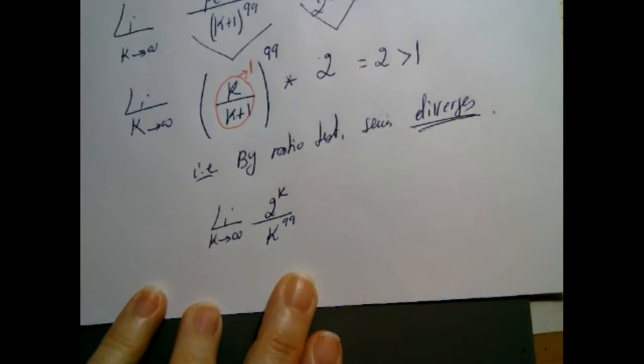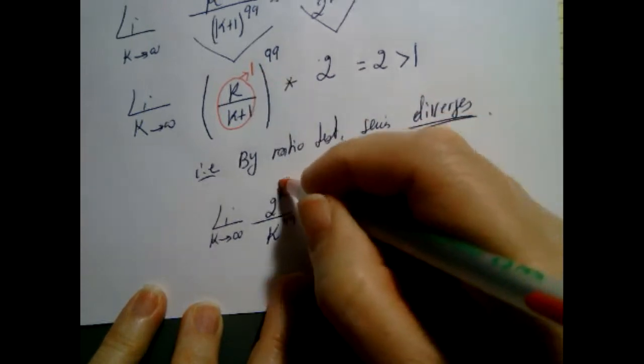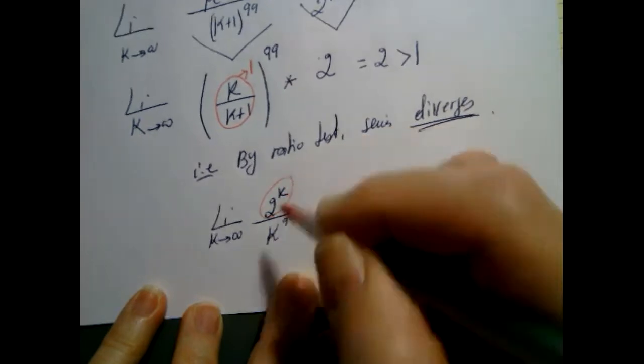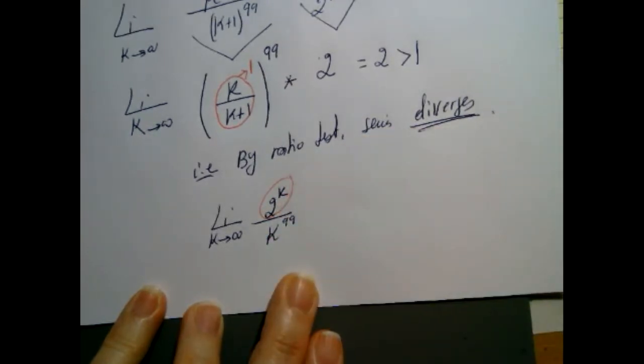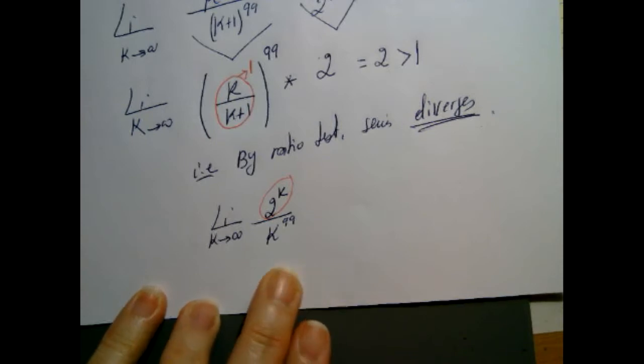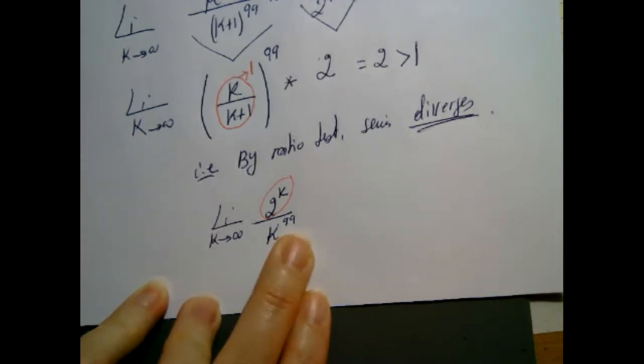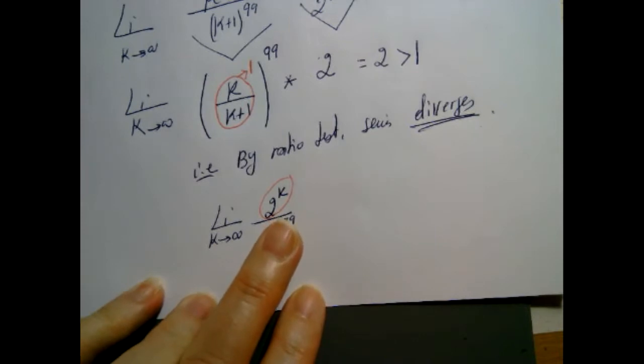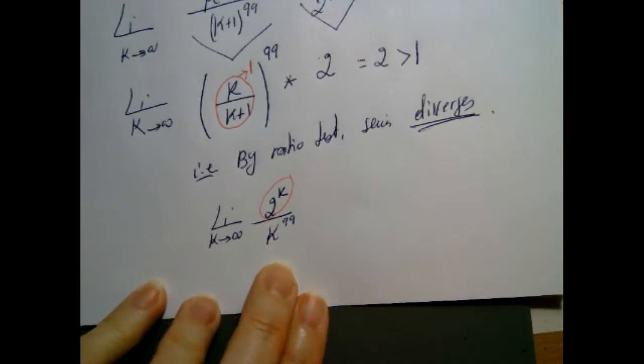What do you think? I know it's tricky. Okay, it's actually 2 to the k. 2 to the k goes to infinity faster than k to the power 99. Even though it's a large power, don't be cheated by that. Exponential goes to infinity faster than k to the 99. Actually, this limit is going to be equal to infinity.